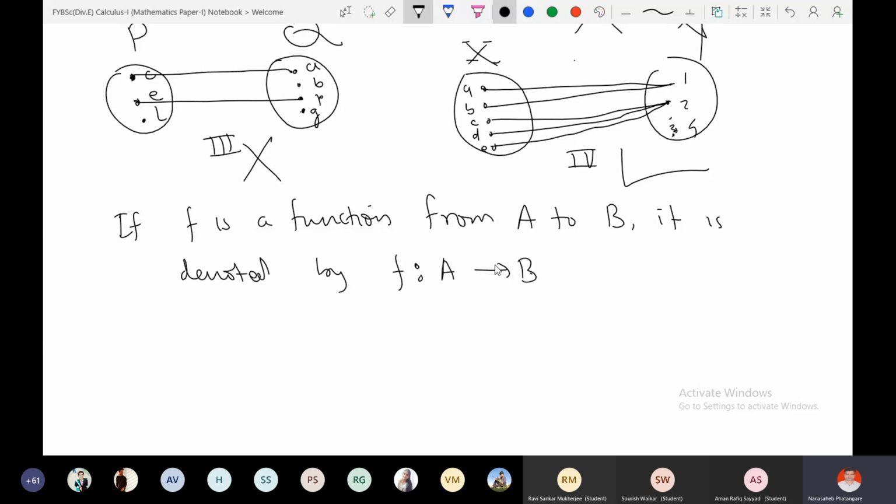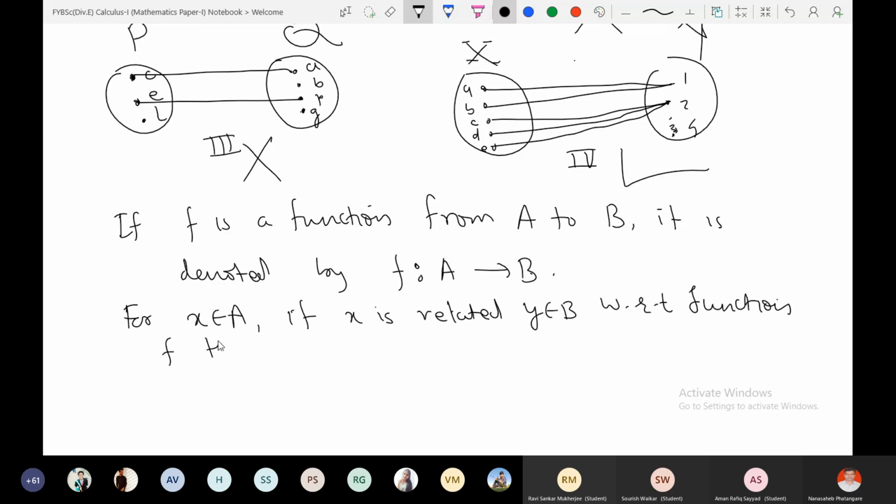For x belonging to A, if x is related to y in B with respect to function f, then we write it as f(x) = y.